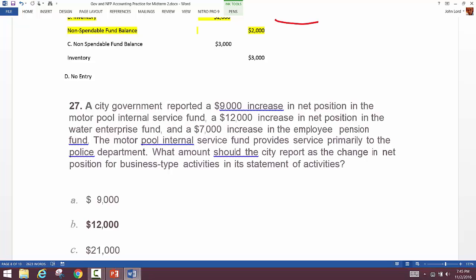What amount should the city report as change in net position for business type activities? How about the $9,000 increase in net position for the motor pool? Motor pools and internal service funds, that's going to report under governmental activities, right?